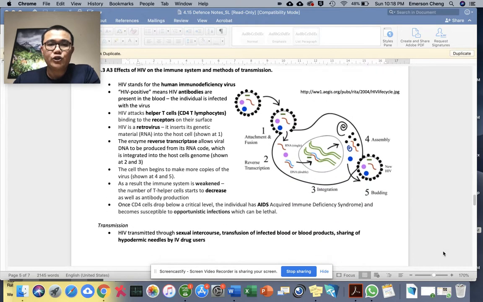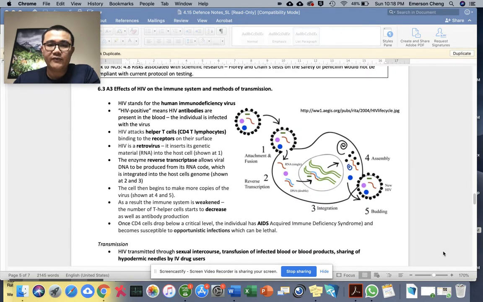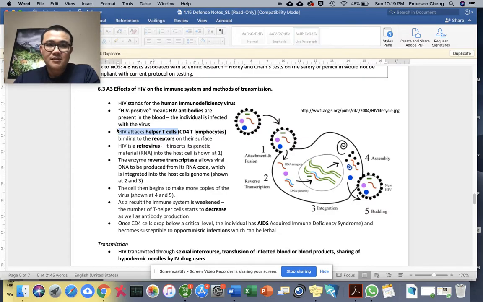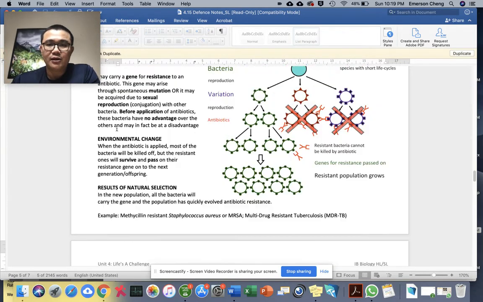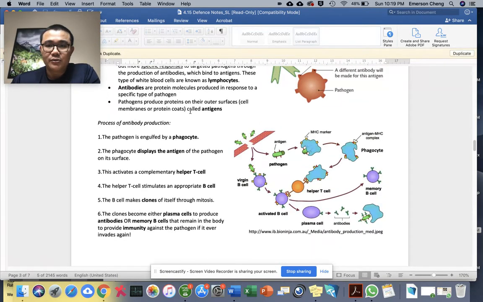Now, the effect of HIV on the immune system and method of transmission. As I mentioned in my first video or the Q&A video, HIV attacks the helper T cells. So some people are asking, hey, how important is the helper T cell that we talked about here?